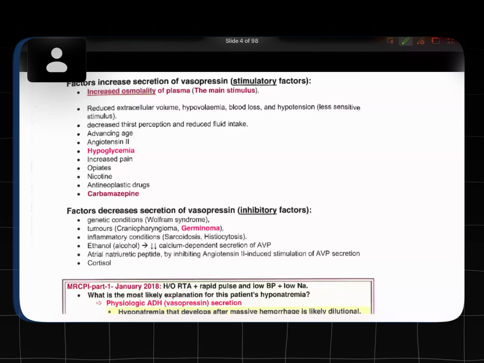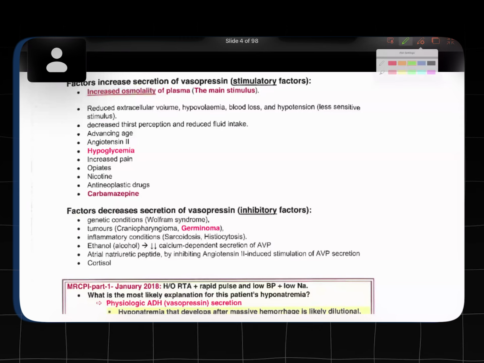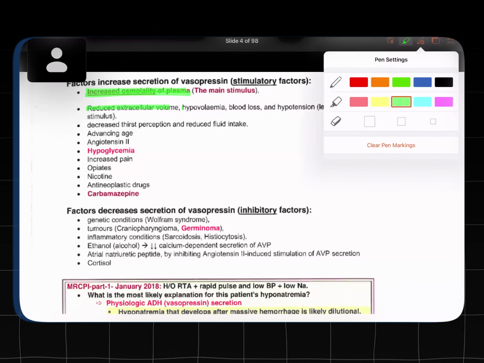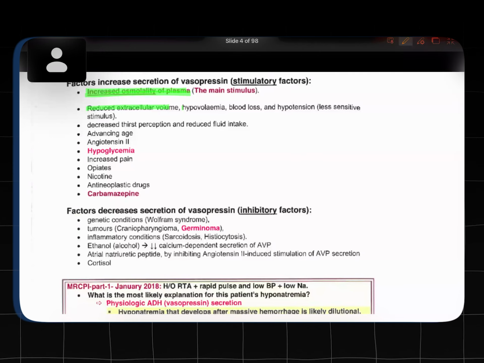Next, when is it released? The main stimulus is increased osmolality of plasma, because the action is it will reduce the extracellular volume. And what is the action?